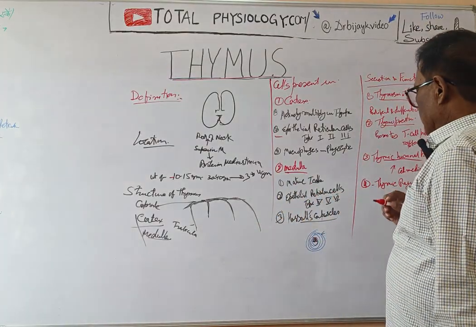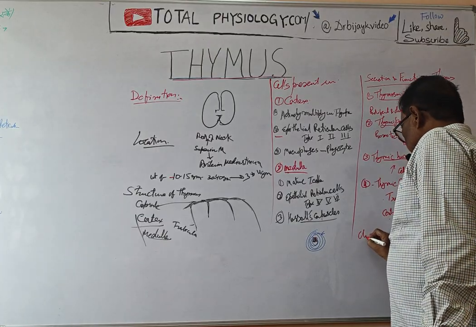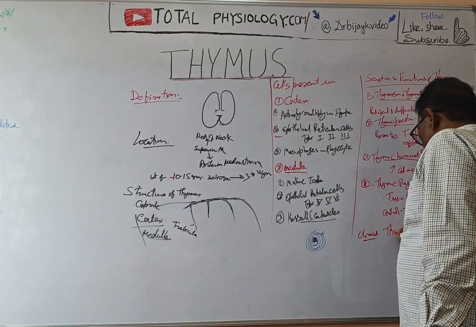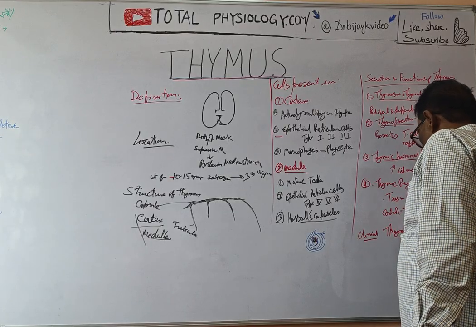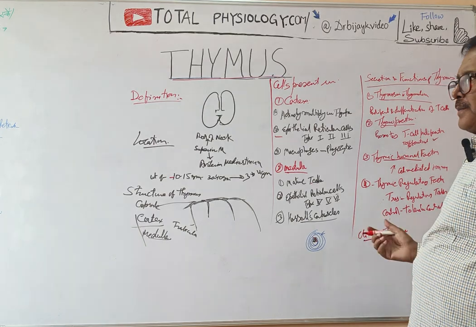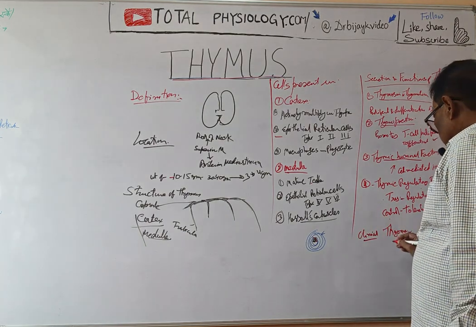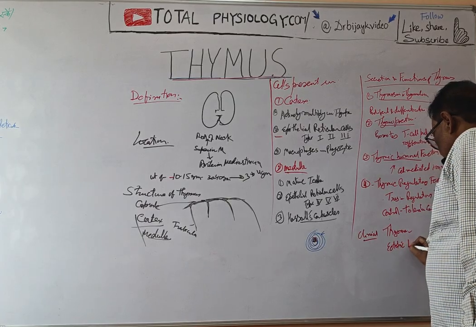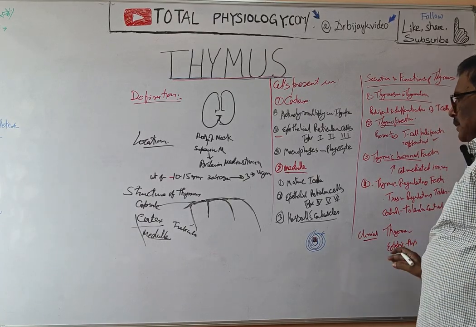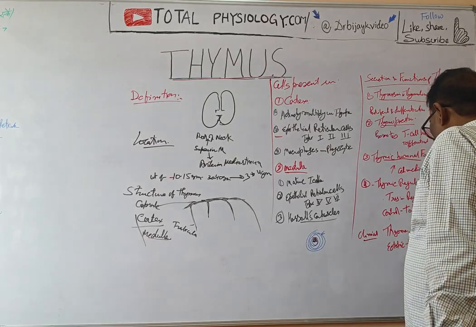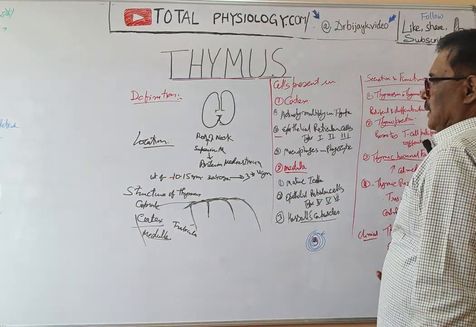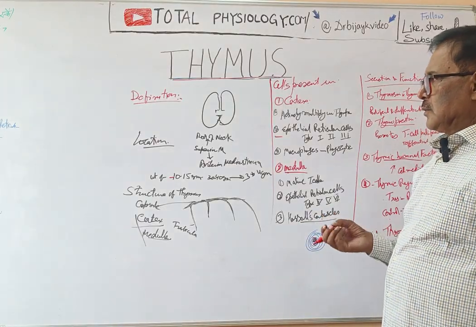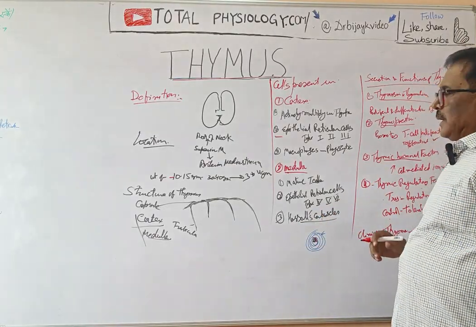This is thymus. Clinically, number one, there may be thymoma, that is, the thymus becomes large and causes pressure symptoms. Then ectopic thymus, and the thymus is responsible to some extent for myasthenia gravis or other syndromes, for example DiGeorge syndrome.